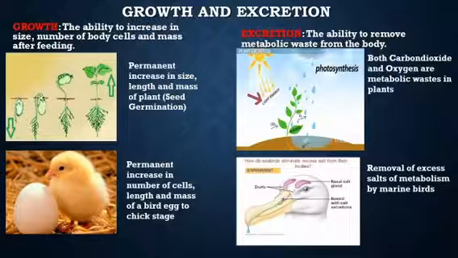Then you see germination is a form of growth. The seed is increasing in size, although the seed will decay and give rise to new cells, which continue to increase in size until the height and mass is growth. Now the other one, which is showing the chick, we look at growth as a permanent increase in the number of cells.